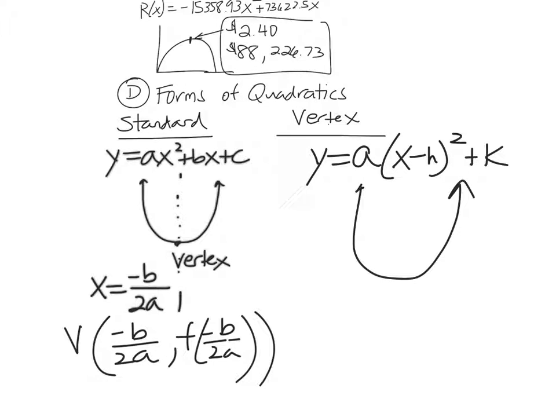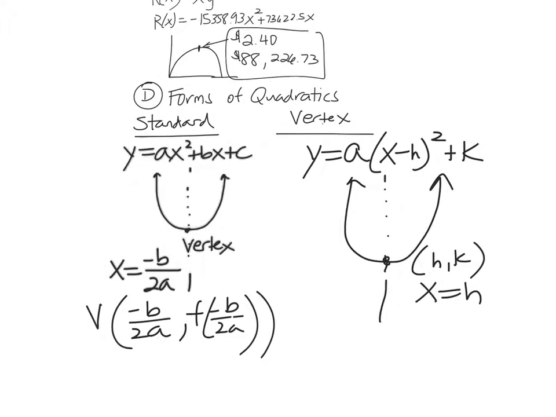Here's your parabola. It's a really gross one. Here's your vertex with an axis of symmetry. Your vertex is at (h, k), and your axis of symmetry is x equals h. Okay. That a is the same on both of them.